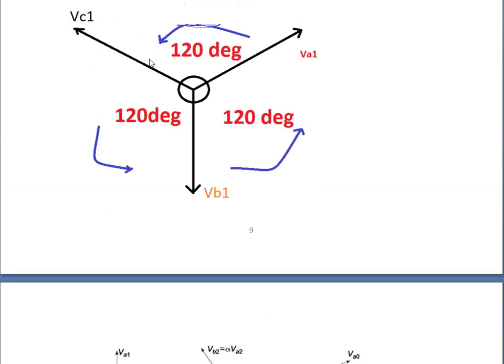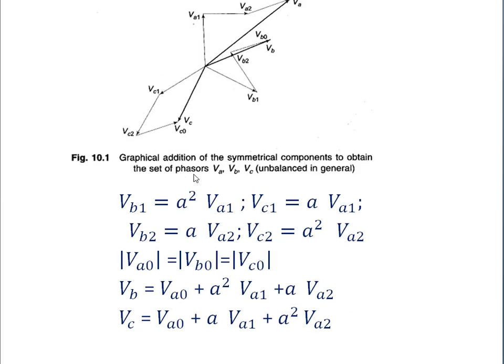That is what we have written here. Similarly, you have the VC1 vector. To express this VC1 in terms of the reference vector, that is VA1, we have to move this reference vector by an angle of 120 degrees. That is, multiply with A, that is A into VA1 represents VC1.